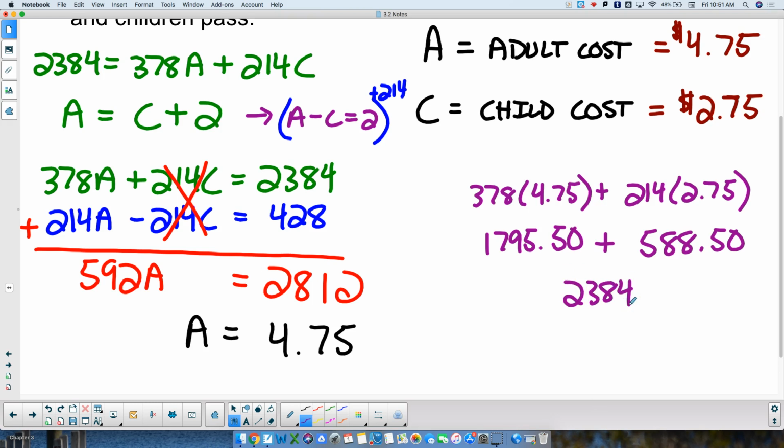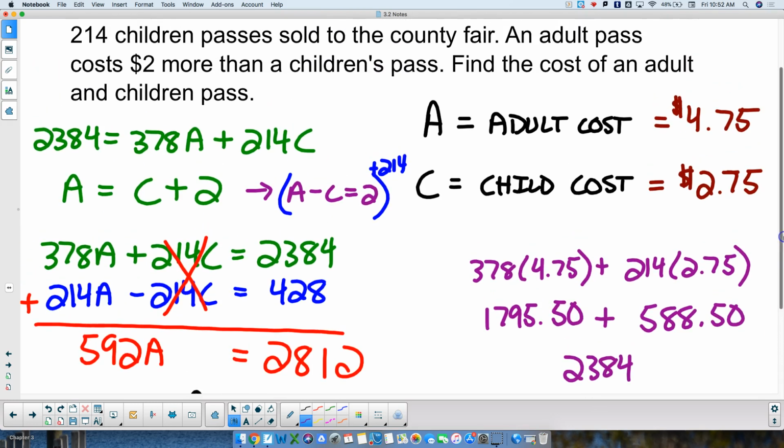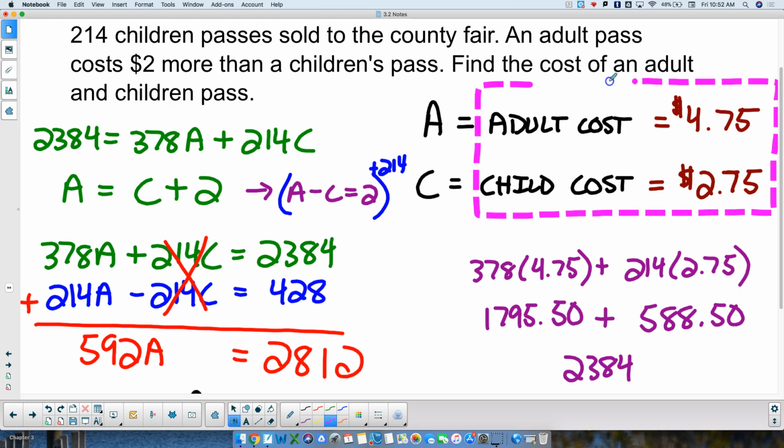Now, one of the side benefits of defining your variables is, in this case, we are not looking for a point. I'm looking for the cost of an adult ticket and the cost of a child's ticket. So if I define my variables and leave a little extra space next to it, there is my answer. I don't have to rewrite it.